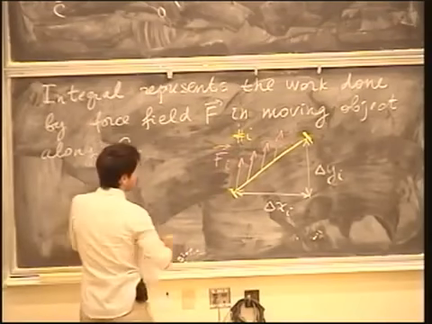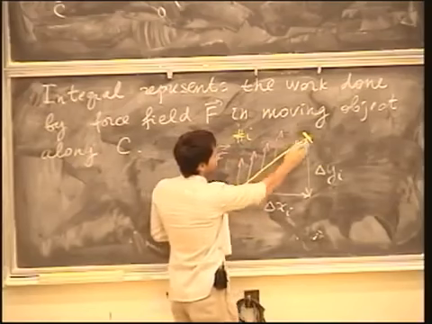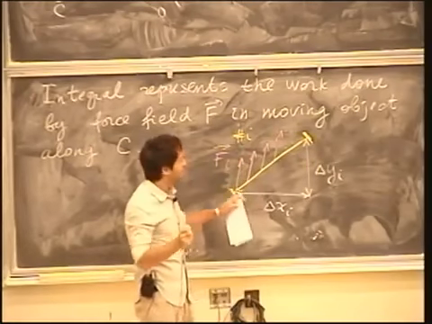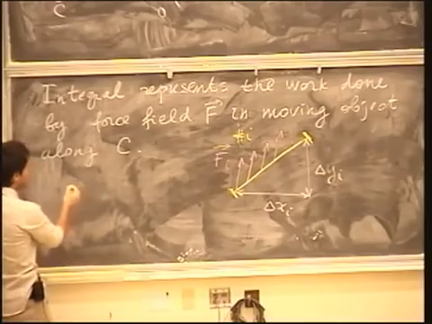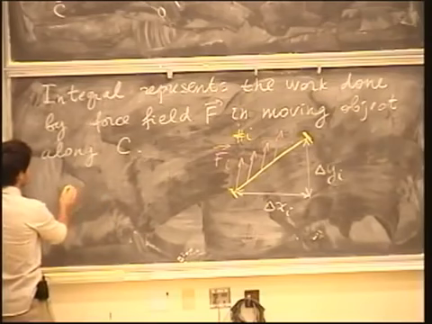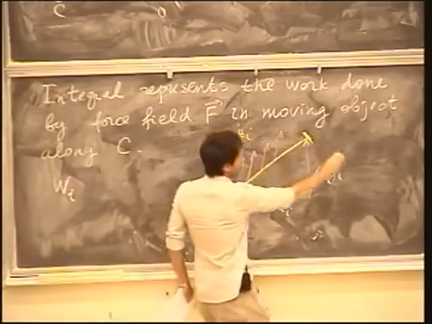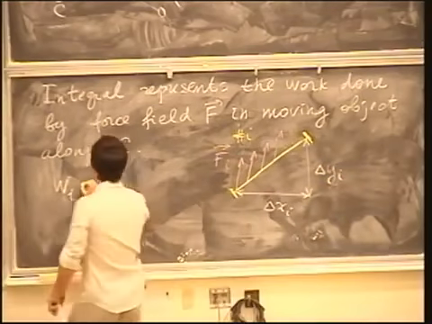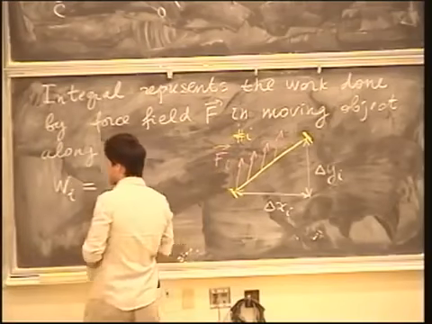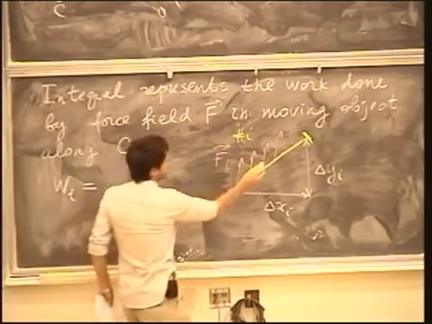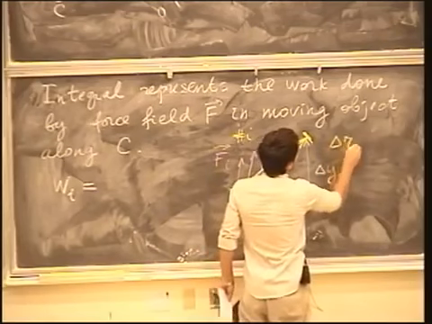And so the work done, which as I explained last time, is easy to find. It's just a dot product of Fi and delta r. So the work, let's call it work number i, work done on the ith segment, is just a dot product of this vector, which is the red one, and this one, which is the yellow one. And this yellow vector we'll call delta ri.